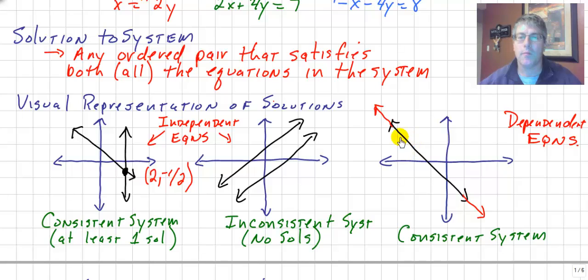Any ordered pair on this line will be a solution to the system. Those are dependent equations because essentially it is the exact same equation. It might have a different format, but it still has the same slope and the same y-intercept. So they will be dependent equations, and that is a consistent system.